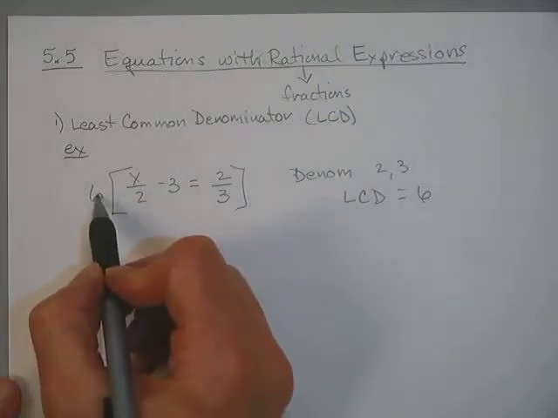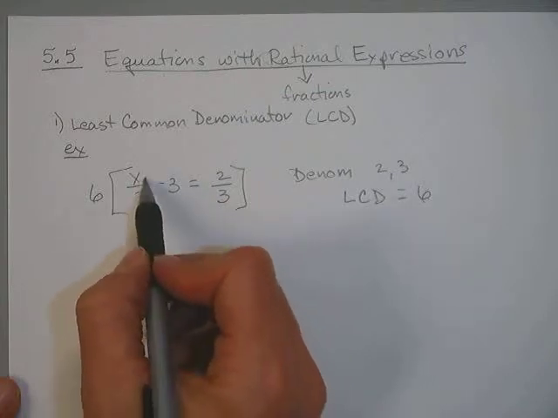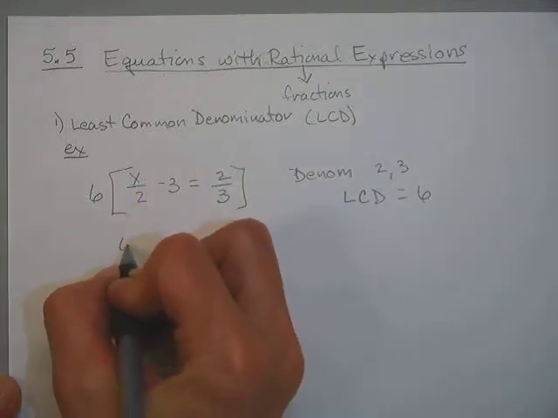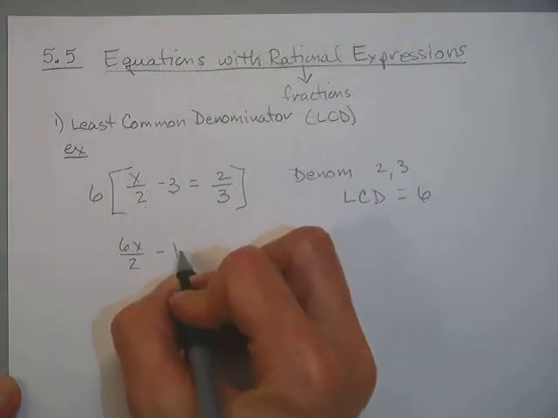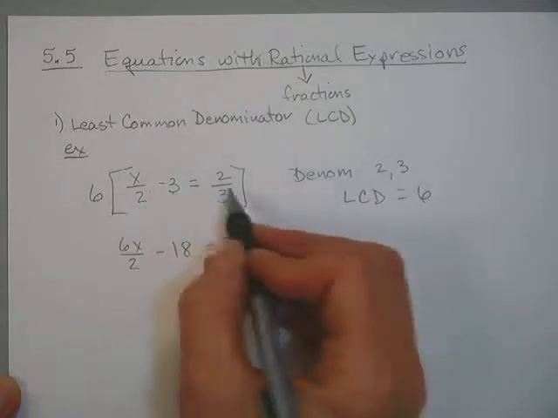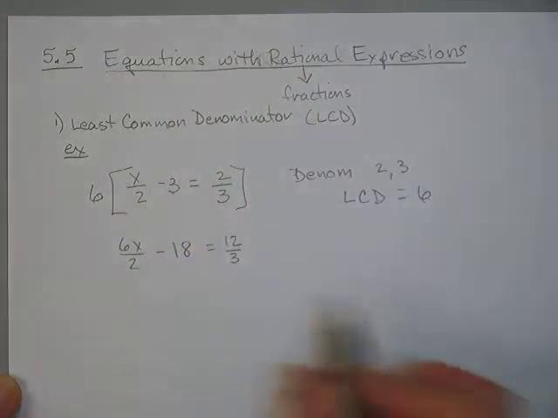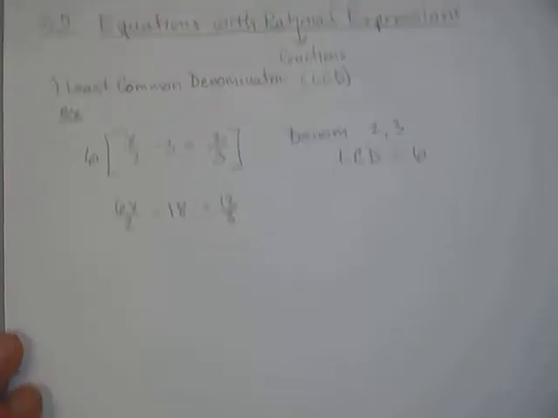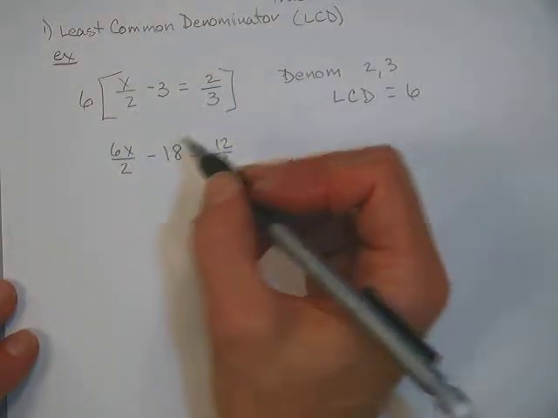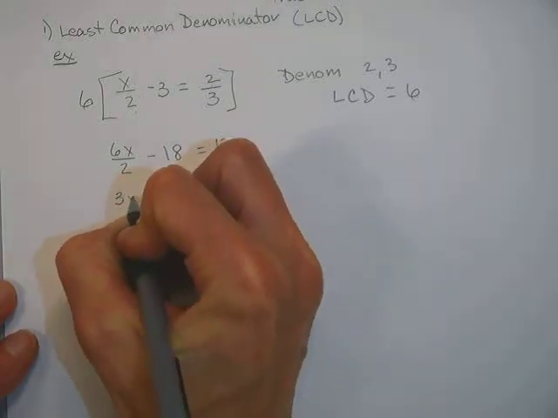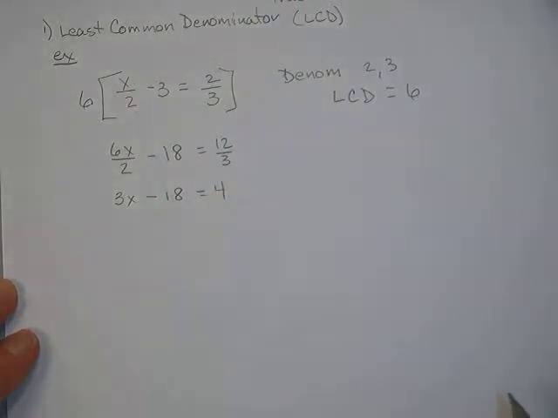When you multiply 6 times a fraction, where does the 6 get multiplied to, the numerator or the denominator? Just the numerator. So it'll be 6x over 2 minus 18 equals 6 times 2, which is 4. What can this be reduced to? 3x. That's 3x minus 18 equals 4.